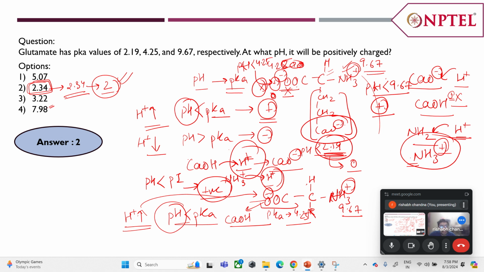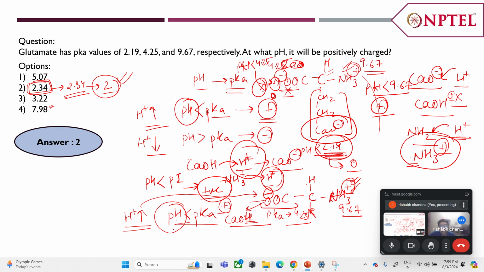That means the negative charge on the carboxyl group is neutralized because it has accepted one H plus ion. The same thing applies for the NH2 group. It can accept H plus ions because it's a base, so it becomes positively charged. That's why when pH is less than the pK value, the molecule will accept H plus ions and become positively charged.